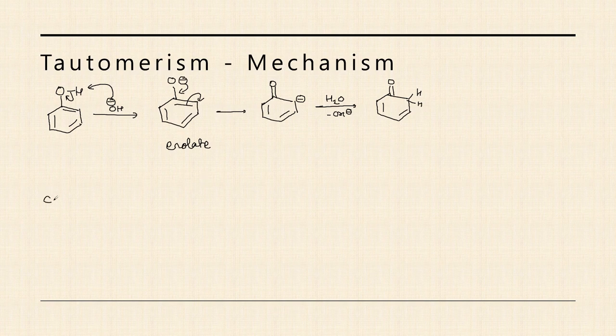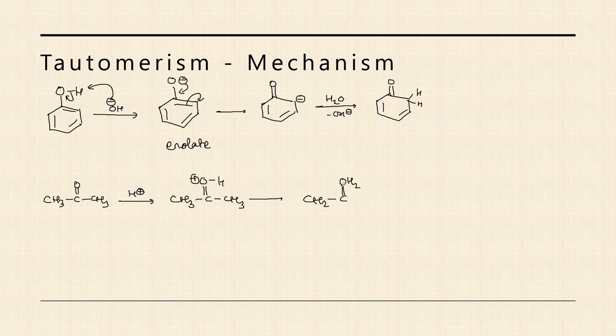Let me show you an acid catalyzed mechanism. So let's say you have taken acetone, you react acetone with H plus, you will be getting CH3CO double bond OH CH3, and there will be a positive charge, and this will turn to become OH with a positive charge.